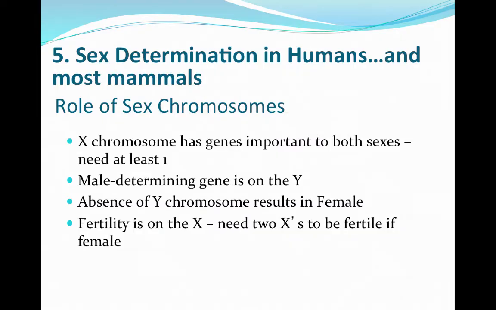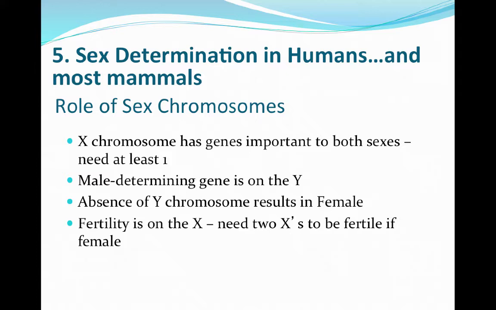All right, so as we continue to study sex determination in humans, it's important to keep in mind what exactly the role of sex hormones is. First of all, the X chromosome has genes that are important to both sexes, male and female, so you at least have to have one copy of the X chromosome present. The male determining gene is located on the Y chromosome.